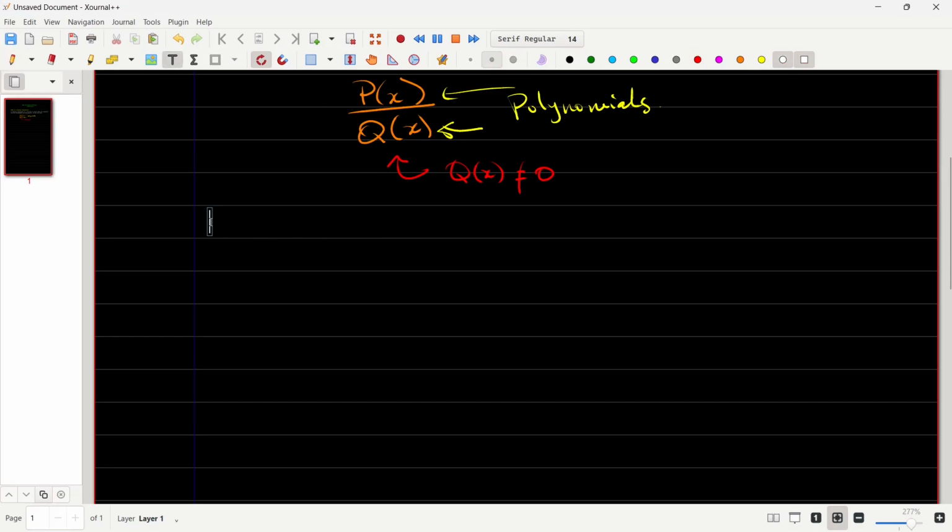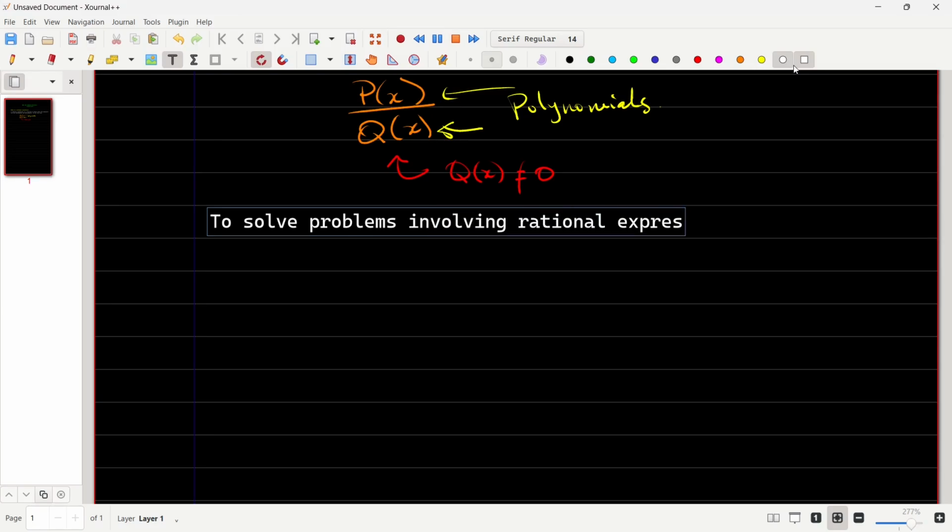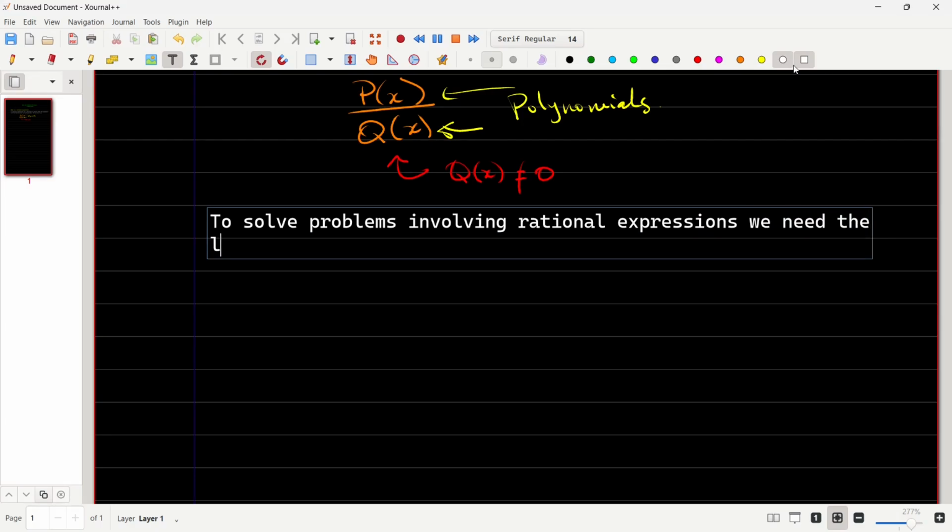So to solve problems involving rational expressions, we need the least common denominator for the denominators in the problem.